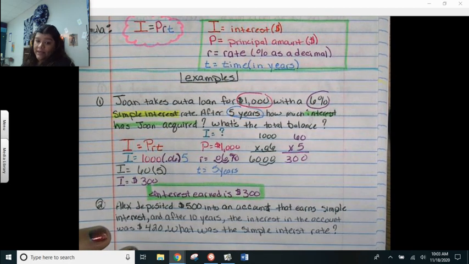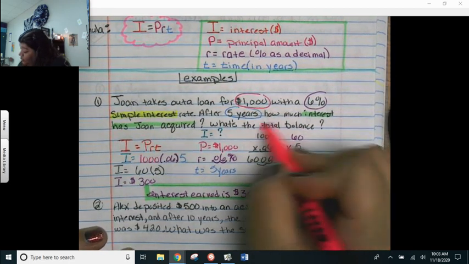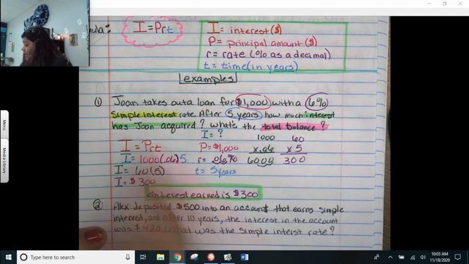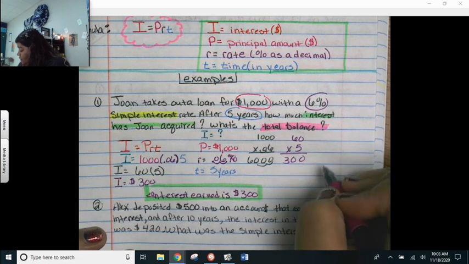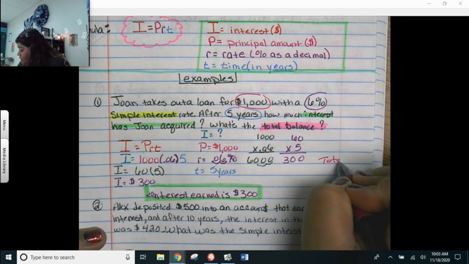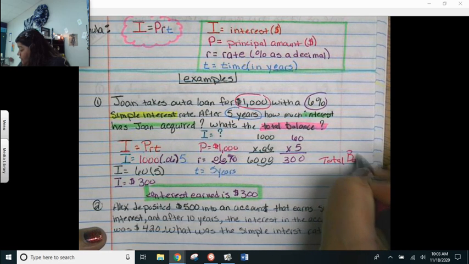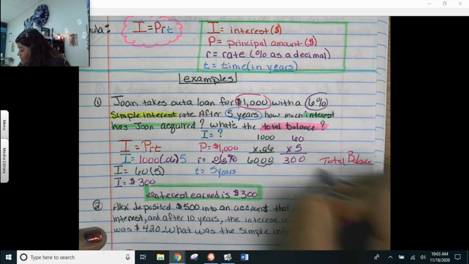Okay. Second question. What is the total balance? Okay. So to find the total balance, I'm going to write this right over here in this corner. Total balance.